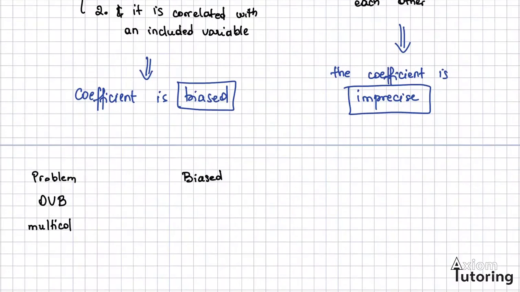For OVB, no, it's going to be biased. For multicollinearity, not biased, so we should be okay here.